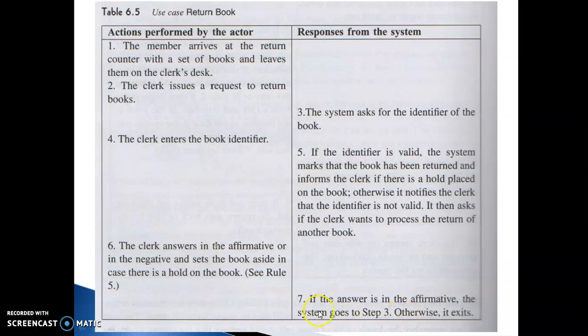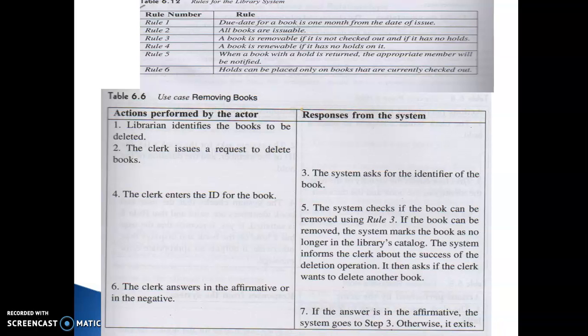If it is negative, then the system asks for the identifier of the book. So another book it will identify, and the loop continues until all the books are entered. All the books' identifiers are shown to the system. So this is the usage of returning the book.